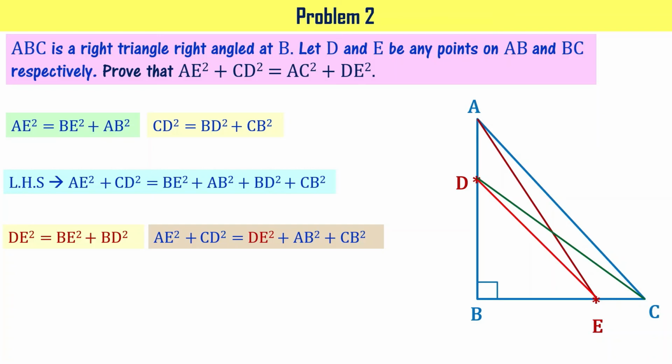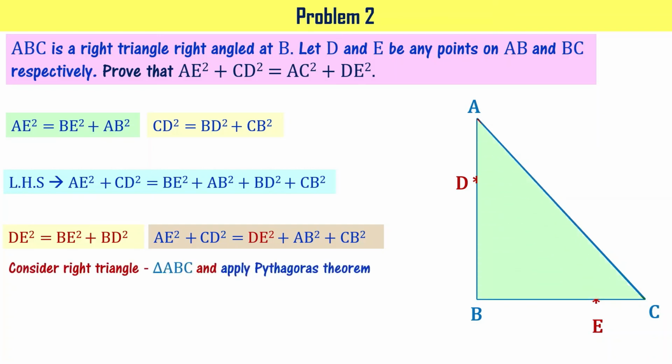Now let's consider the whole triangle, that is triangle ABC, and apply Pythagoras theorem. When you do that, you can write AC square equal to AB square plus CB square, right? If you see the right hand side terms of this one and the remaining part of the right hand side of the equation we have written earlier, that has got AB square plus CB square, right?